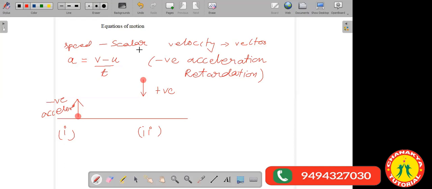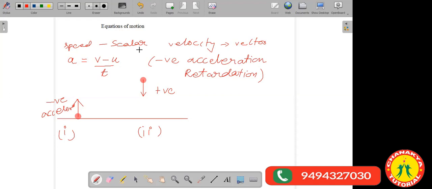Such are examples of uniform motion. So can acceleration be zero? Actually it is zero when it is moving with a constant speed.